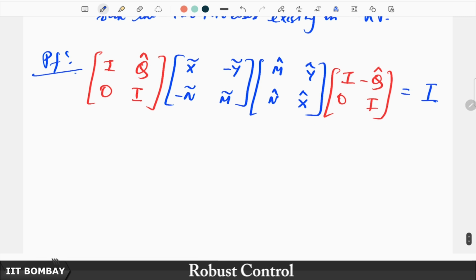Now if I simplify this, I will get the following. I am going to first take these two together and then these two together, and write them down as a product.